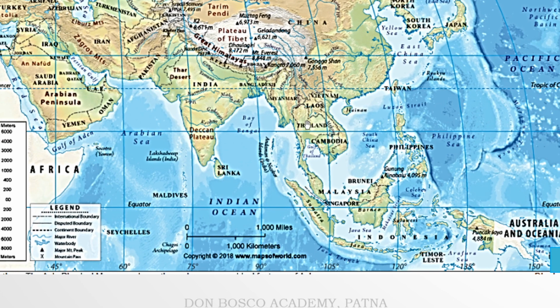Moving towards the southeast, we have several rivers which are moving from the central mountain system towards the south. They include the Irrawaddy, the Salween, the Meenam, the Mekong.